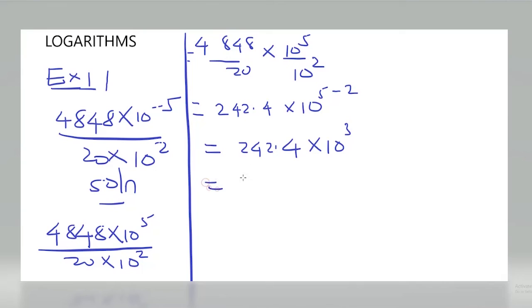Now write this number in standard notation: the first digit is 2, the second digit is 4. I move the decimal point of 2.4 to the other side. How many places have I moved? 1, 2. So the power is 2. This is the answer to the question I asked you to write in standard notation.